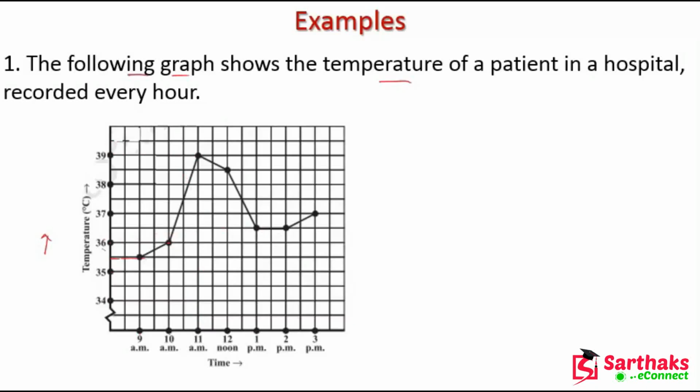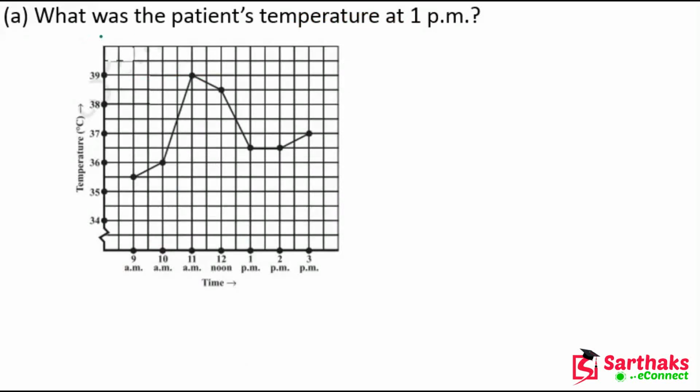Now here we have some questions. What was the patient's temperature at 1 p.m.? So we have to see what the patient's temperature was at 1 p.m. This is 1 p.m., and this is the point, so it shows the temperature.